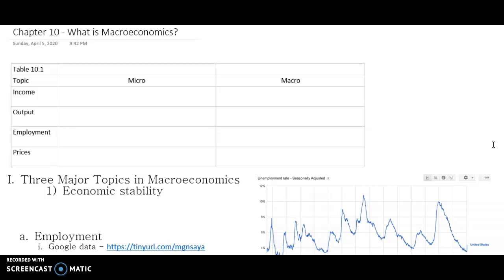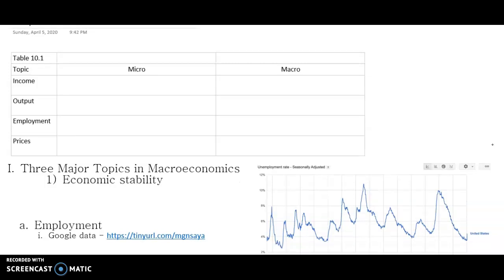First thing that we're going to do is take a look at the difference between microeconomics, which is your regular supply and demand that most people are introduced to, whereas in macroeconomics, much of the time you talk about aggregate supply and aggregate demand.